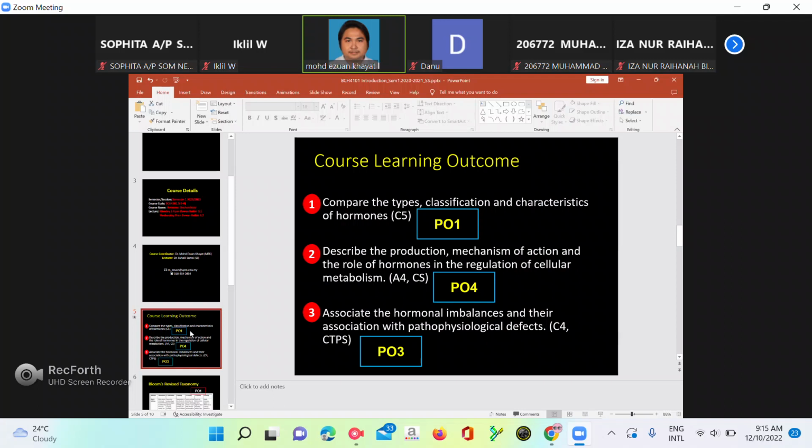C5 is the way we assess whether you have this program outcome. C5 is the level of difficulty of the question, and it is quite high. We will try to make questions up to this standard.